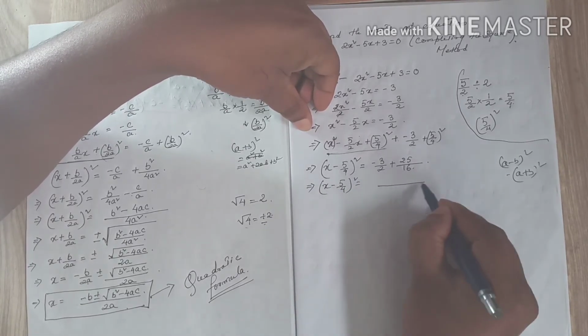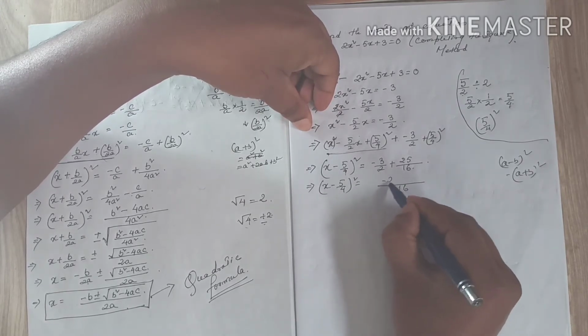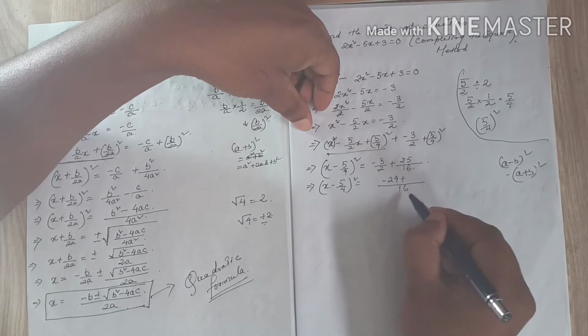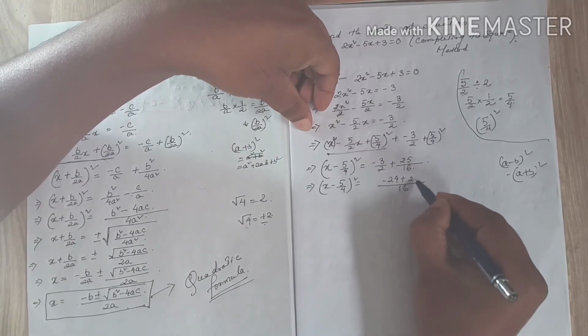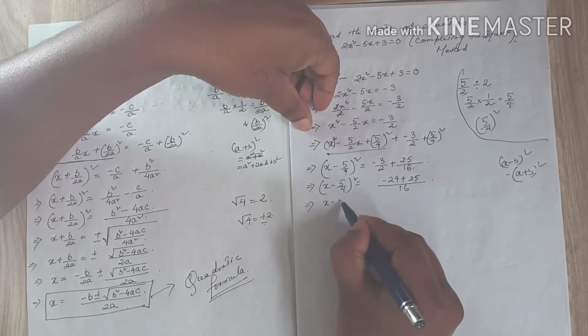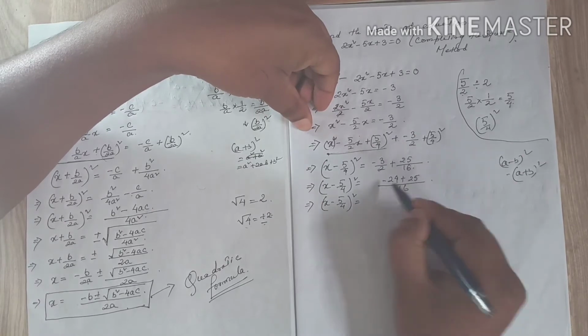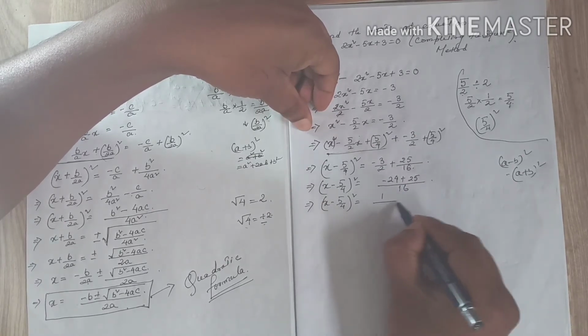What is the LCM of 2 and 16? It is 16. 2 how much? 16. 8. 8 3s are 24, minus 24 plus 16 how much? 16. 1. 1 25 is 25. All right, so x minus 5/4 whole square is equal to 25 minus 24, it is 1, divided by 16.